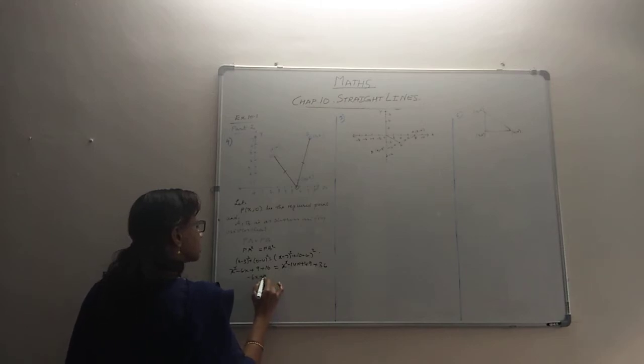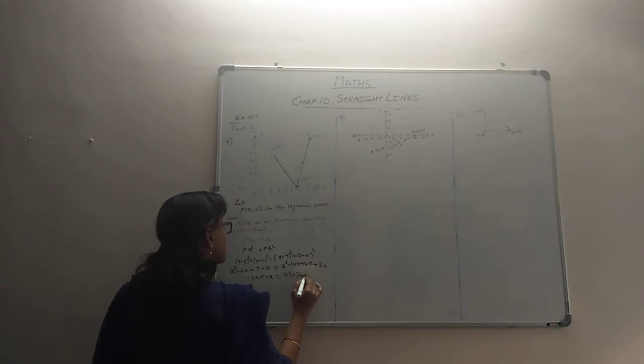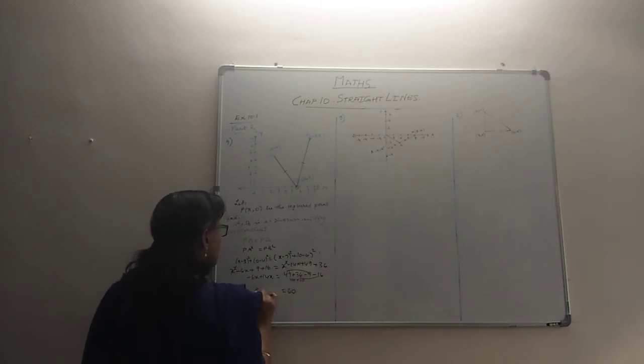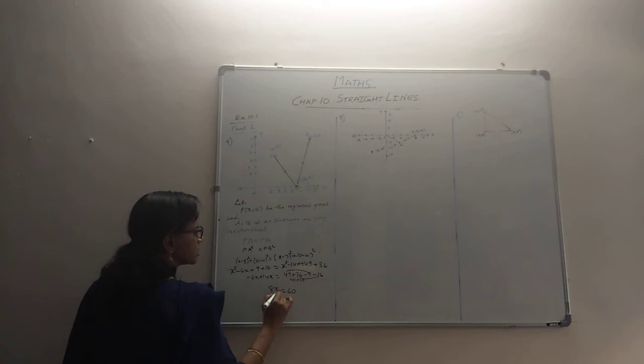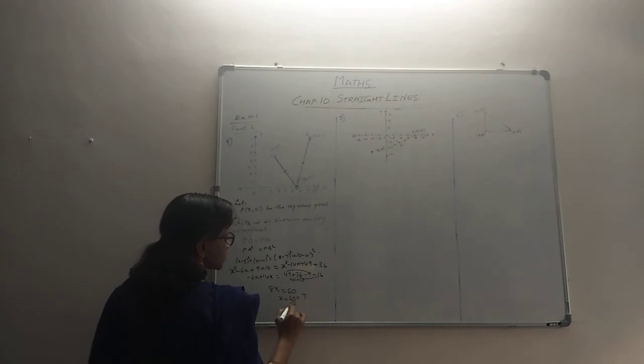Let the 14x come here, and 49, 36 is already there. Let the 9 and 16 go there. 49 minus 9 is 40, and 36 minus 16 is 20, so it comes to 60. Then this is 8x, so x becomes 60 by 8, which is what? 8 sevens are 56, 4 remainder, 7.5.